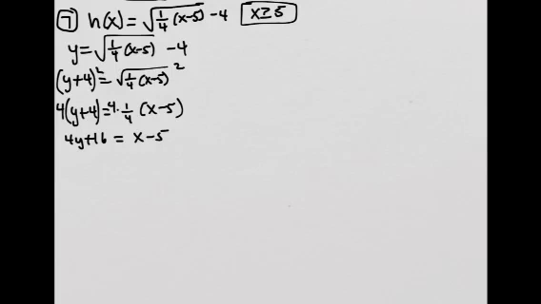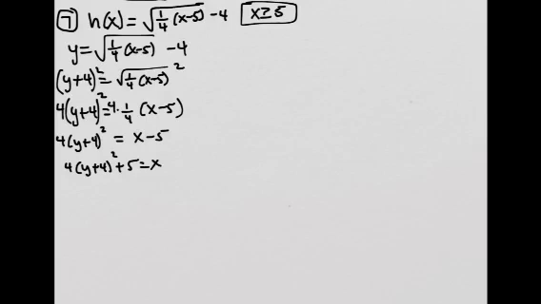Oops, I forgot the square, sorry. That's going to change it a little bit. Okay, like that. And so now I'm going to add 5 to both sides. So 4 times the quantity of y plus 4, squared, plus 5 equals x.